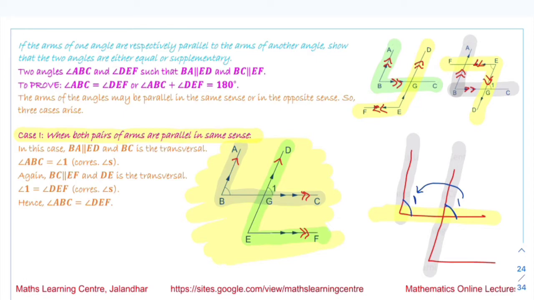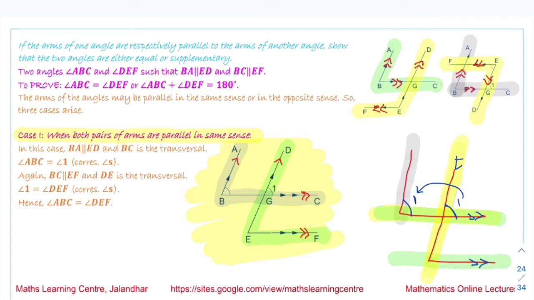Now in the second case, we are considering this line and this line. Both these lines are parallel, and this line T over here is the transversal for these two lines.